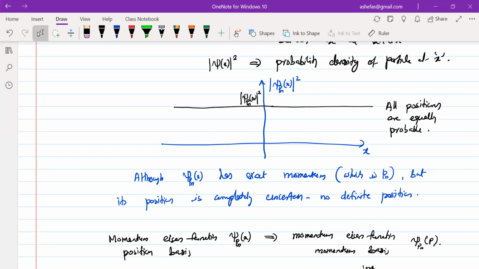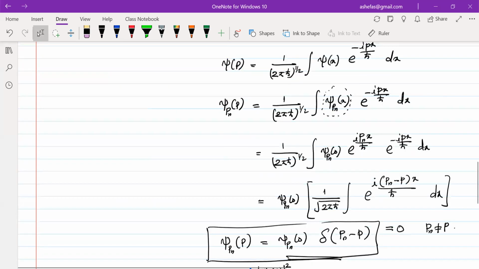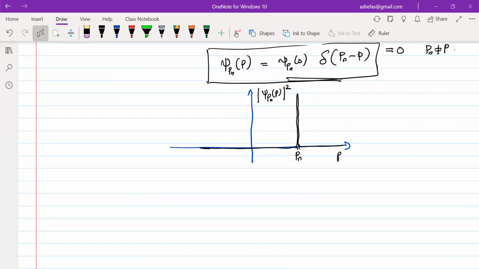It can take any position, but it takes exactly a single momentum. If we extend Born's interpretation, we can define psi Pn of p square as the probability to find the momentum p for the particle.